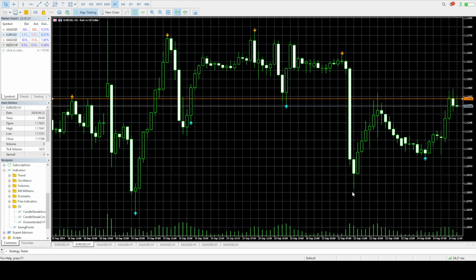This would have worked if we were doing 3, but because it's doing 5, it's missing signals. We can turn it down as well, but a lot of the time that also causes issues. If we turn it down to only 2 candles, we end up with more false signals and we're missing out on stuff like this. So I have really found that 3 tends to be the best number for this indicator.